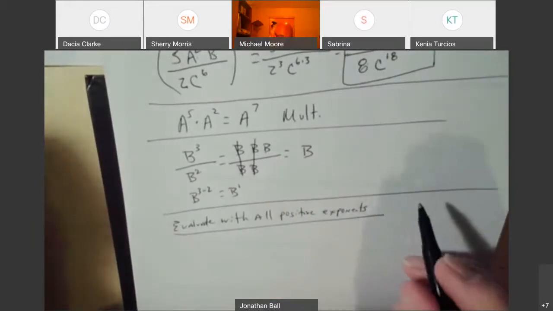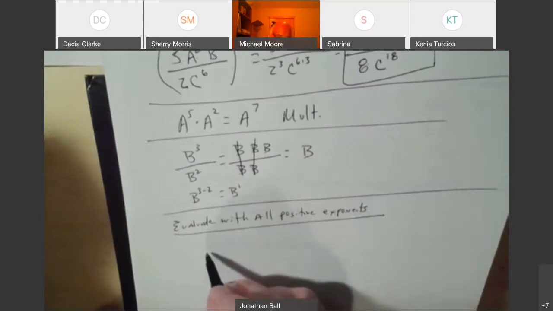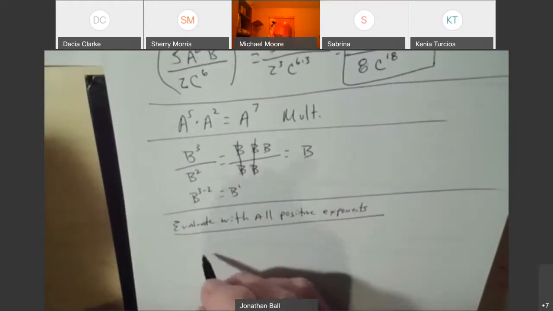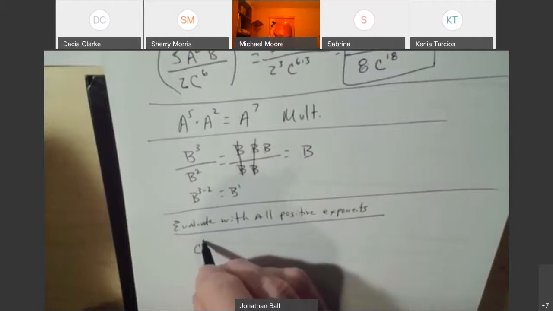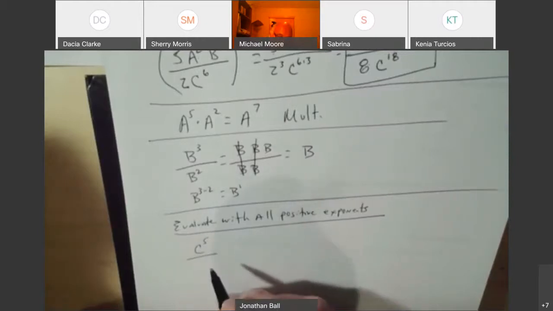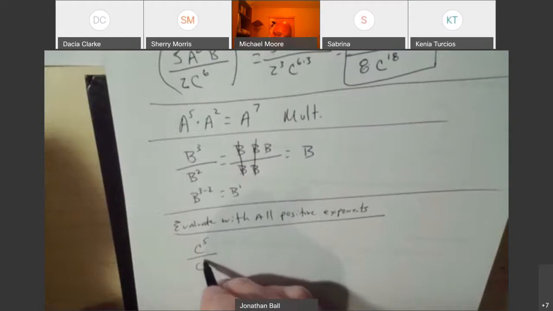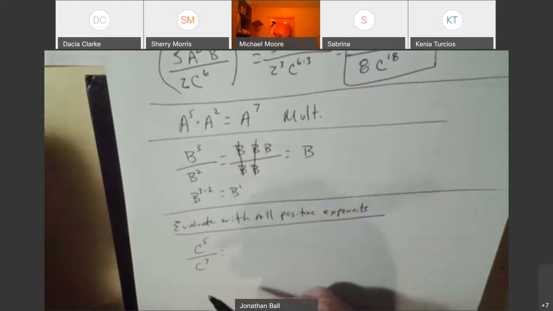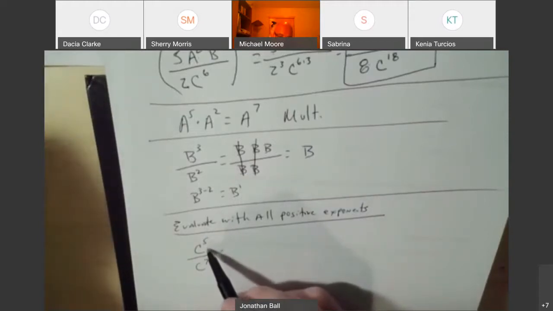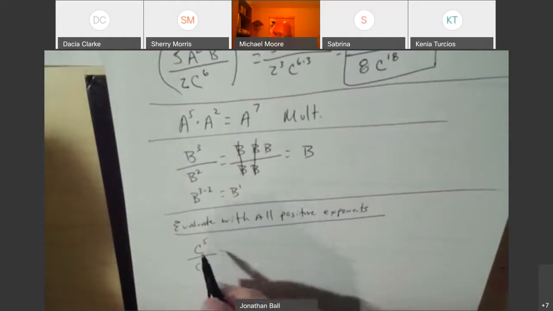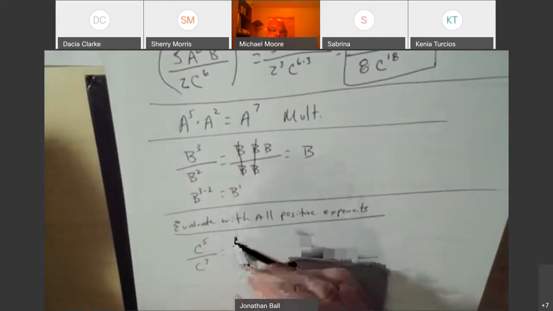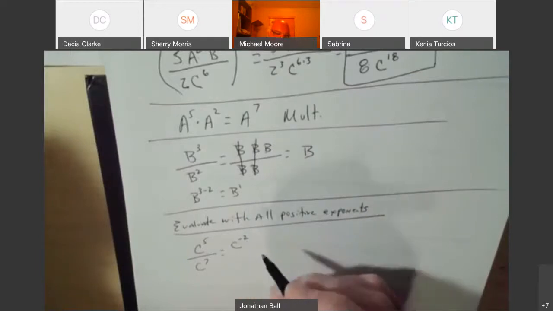Evaluate with all positive exponents. Because if we had c to the fifth over c to the seventh, what would we have here? We have 5 minus 7, so that would be c to the negative 2.